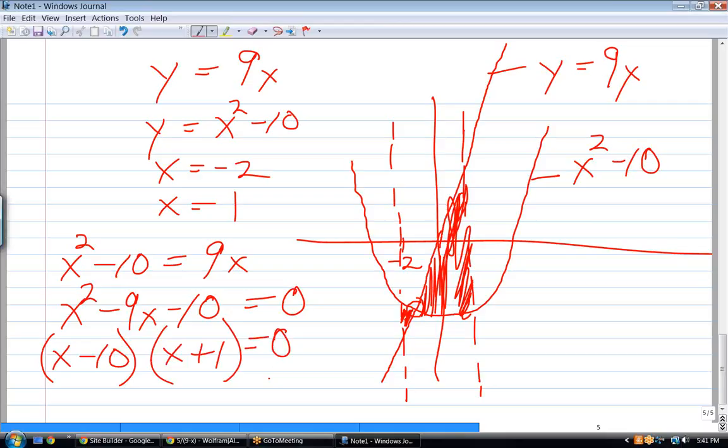So our intersection points, if those cross up here at x equals 10, we don't much care about that. That's way outside of the area we're interested in. But the other point it crosses is x equals minus 1, right here. So this point here that I put a big dot on is in our picture.